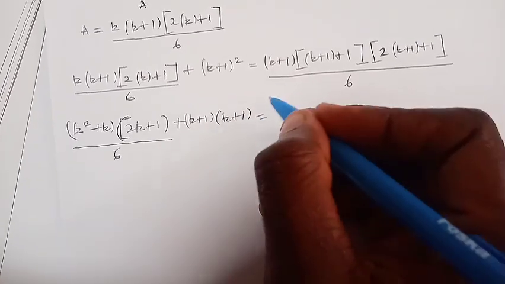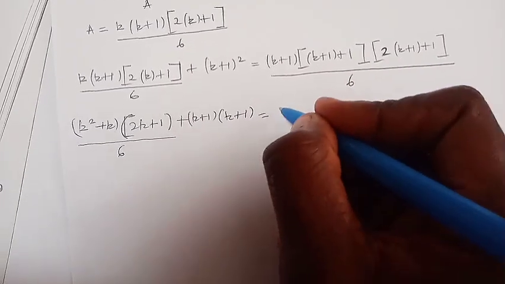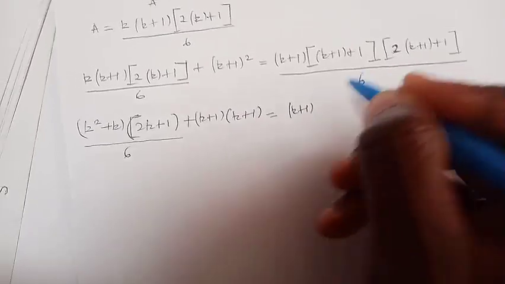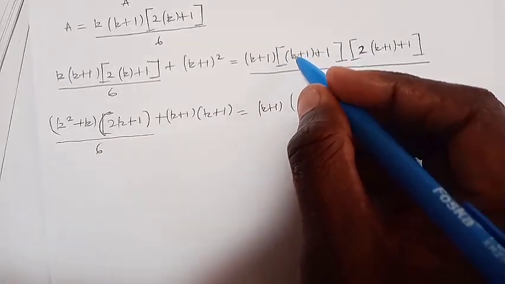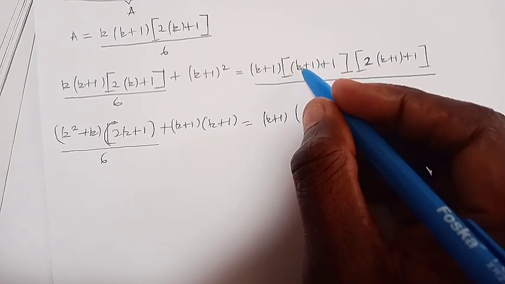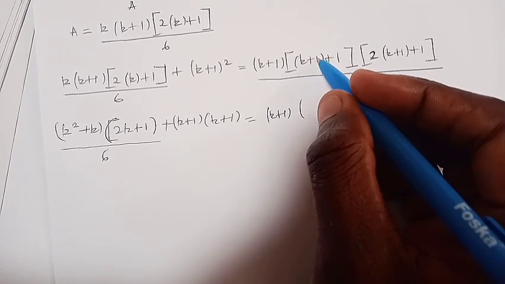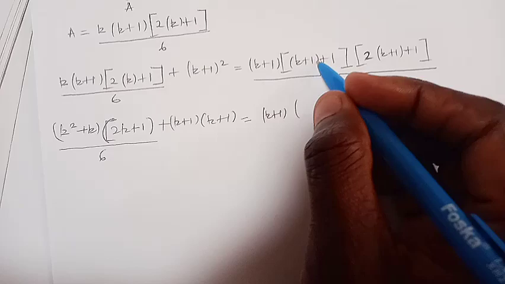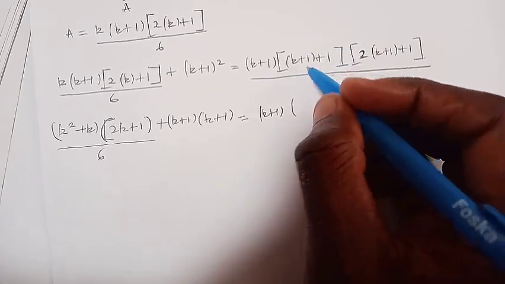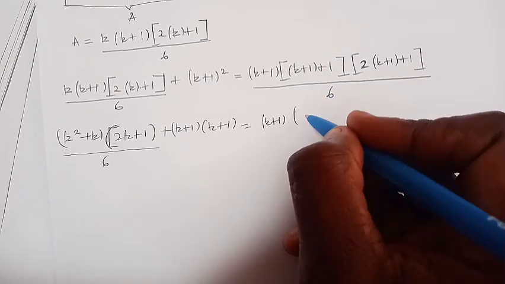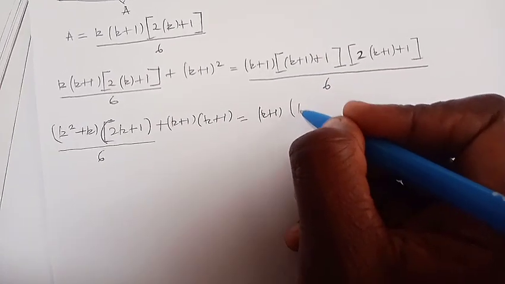Then we move on to the next step where we have k plus 1 in brackets multiplying here. If we simplify here, we're going to find k plus 1. So this k plus 1, if this one adds this one as well, we get 2. So in this entire bracket we are left with k plus 2. I hope I wasn't too fast for you.